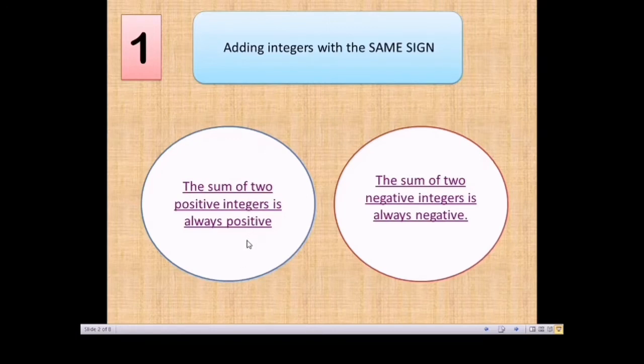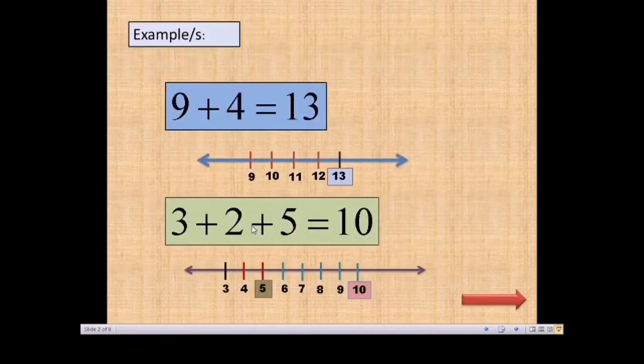So the sum of two positive integers is always positive. Let's have an example. For example 1, you were given 9 plus 4 equals 13. Let's check if 13 is the sum of 9 and 4 using the number line. We have here one line which signifies the number 9.